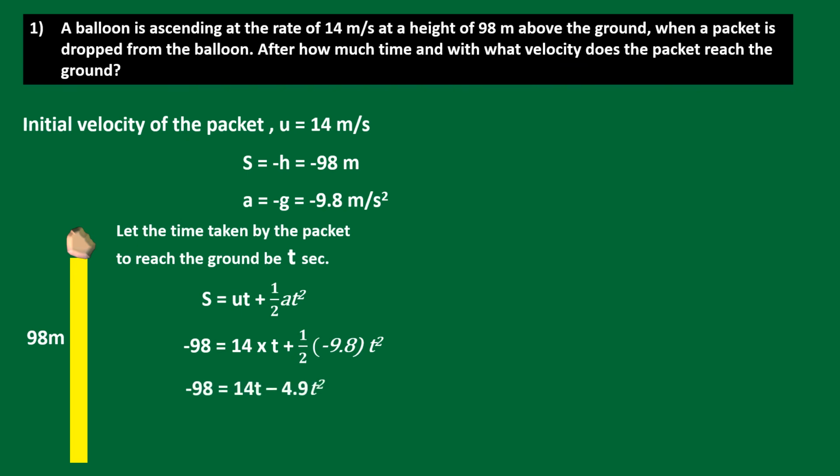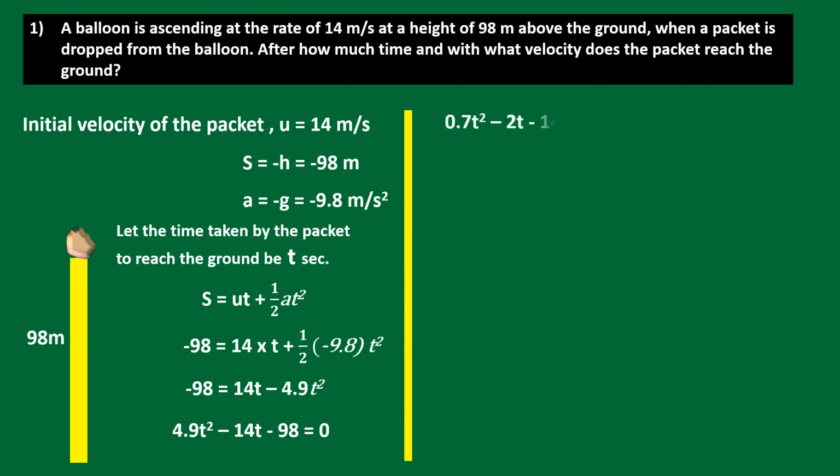Minus 98 is equal to 14t minus 4.9 t square. 4.9 t square minus 14t minus 98 is equal to 0. On further simplification, we get 0.7 t square minus 2t minus 14 is equal to 0. Finally, we get 7 t square minus 20t minus 140 is equal to 0.